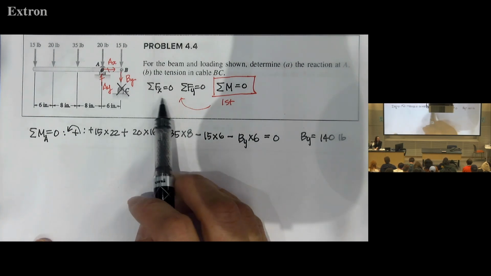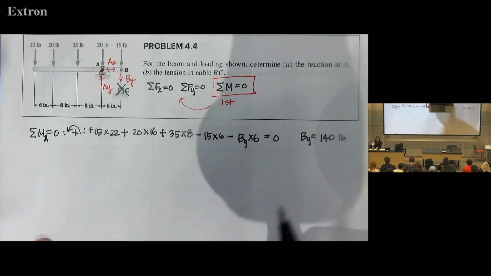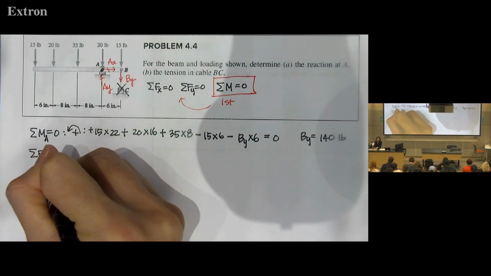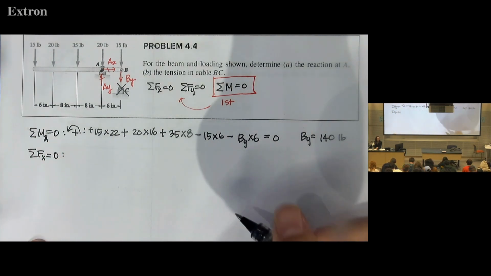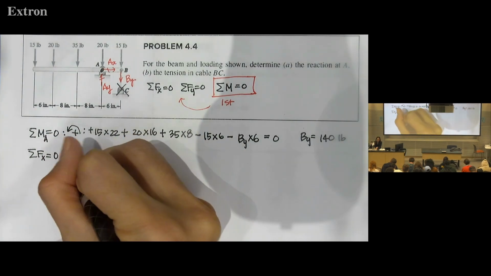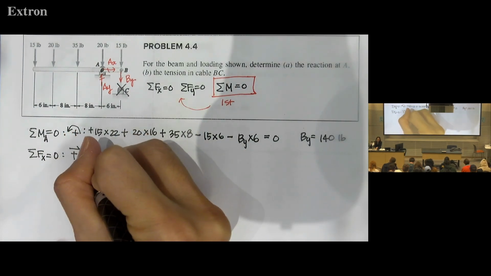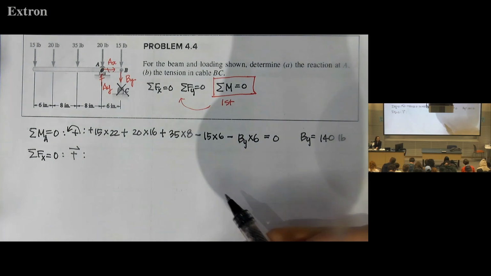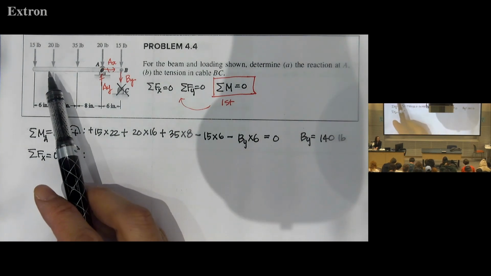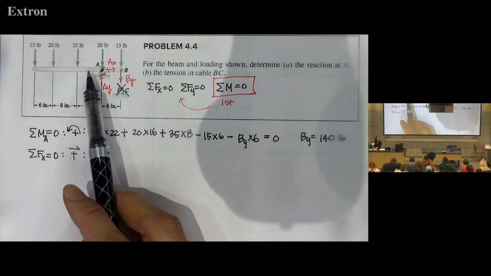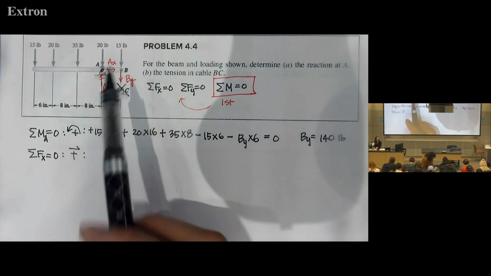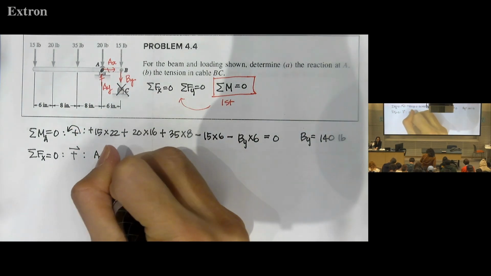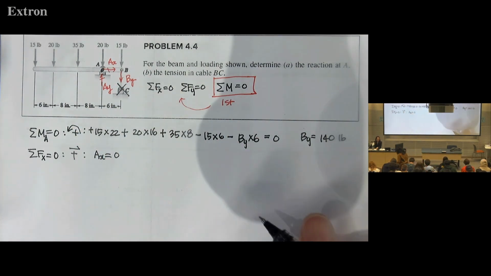And then now we move on to Fx and Fy equation. So Fx equation, so that's what we already did. So if I may assume right side positive, then what do we have as horizontal force only AX, right? So AX must be 0.